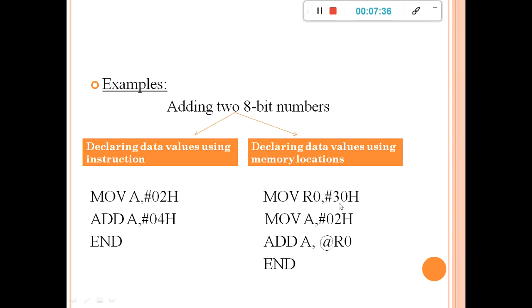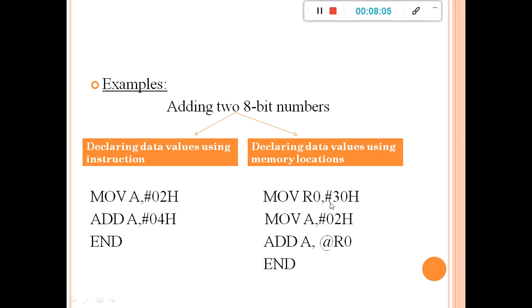Here in R0 I moved the data 30, and in the accumulator the value is 2. Now when I write ADD, don't think that 30 is added to 2. That is wrong. Whatever content is present at address 30, that data is added with the accumulator data. So ADD A, @R0 means R0 is acting as a pointer pointing to the 30th address.